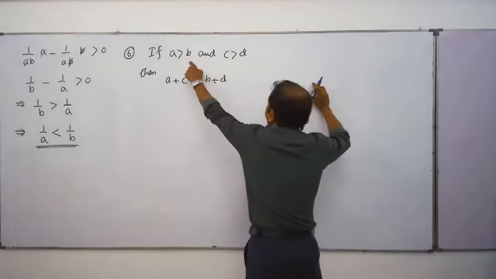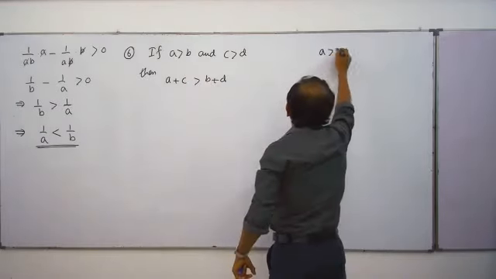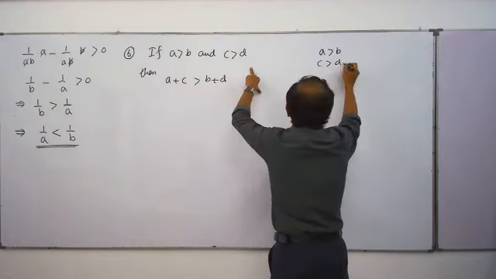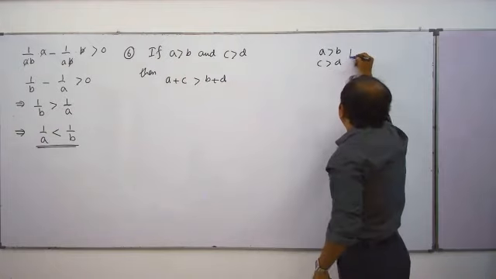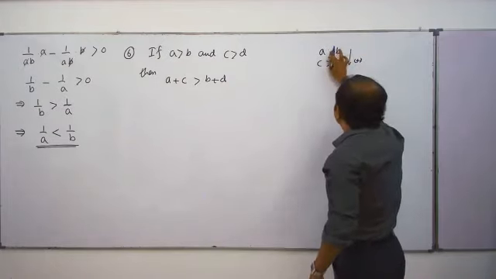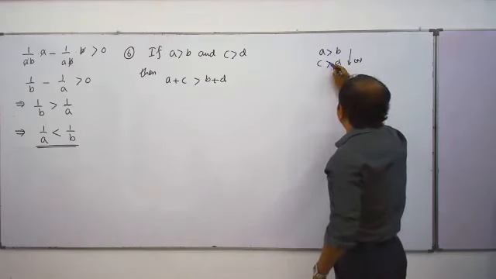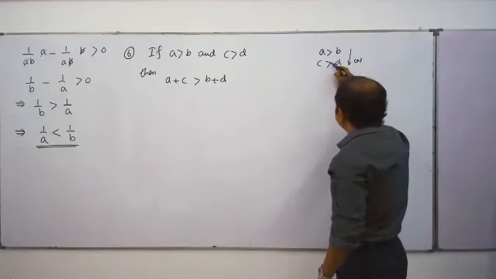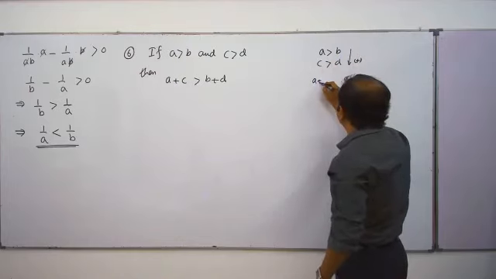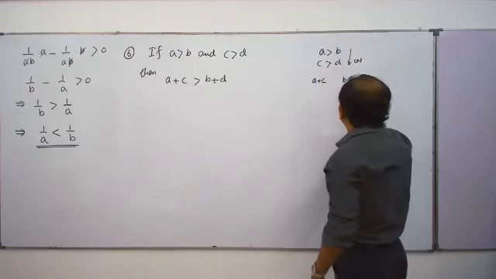When I write the first result A greater than B, and below this I write C greater than D, these two inequalities we can add. Before adding, the direction of the sign points the same direction, greater than: greater on the left, smaller on the right. Once you add this, what do you get on the left hand side? A plus C. Right hand side, B plus D. Put the same direction. That's what this says.